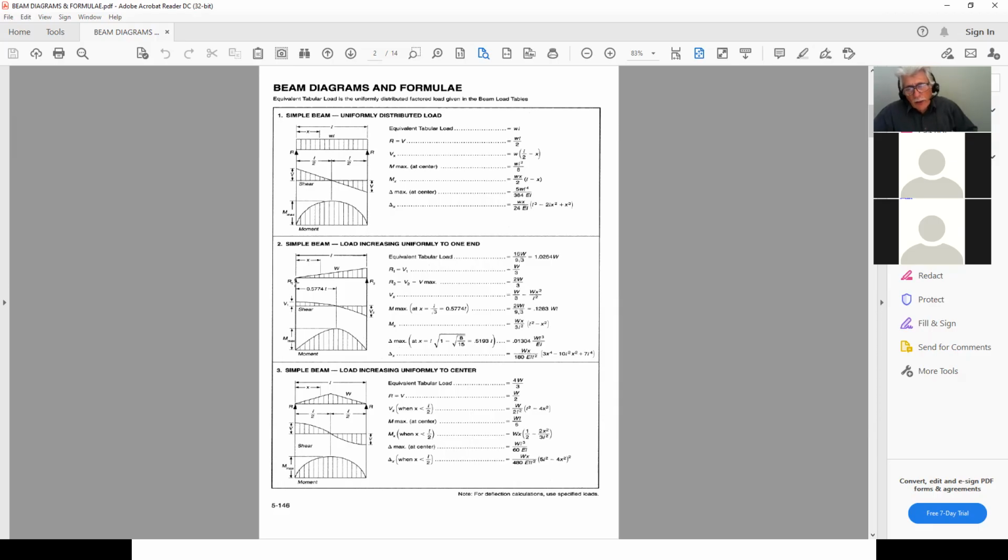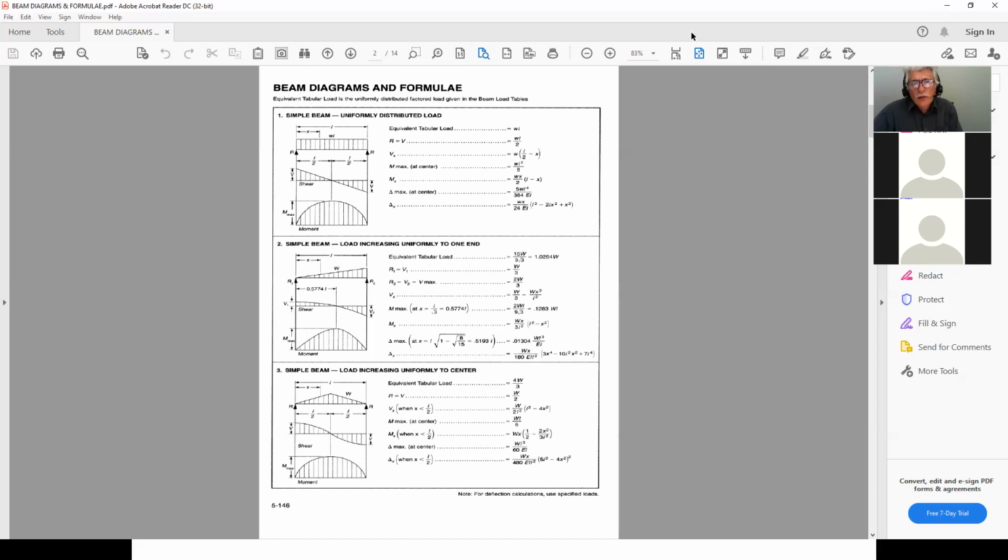So if I happen to have a triangular load, for example, if I'm doing a roof structure and I know I'm going to have a triangular load on my beam, I can use all these formulas here to calculate whatever I need. If I want to calculate deflection, moments, or shears, all these equations are here.